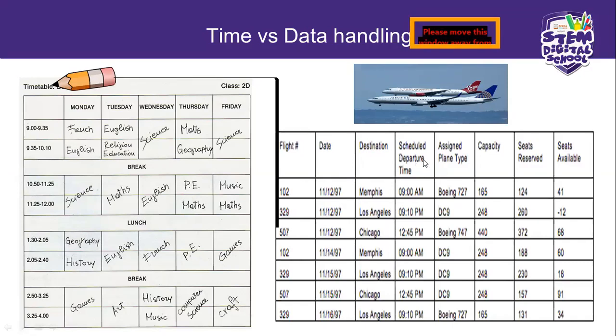Departure time. Tell us, Lutando, departure time, what is it? Departure means what time it is leaving. It's just a big word they use for saying the flight is leaving at this time.